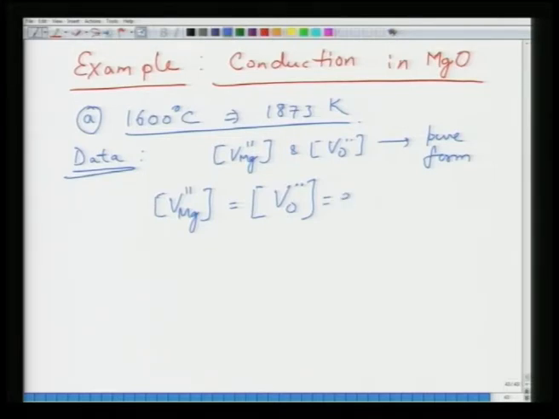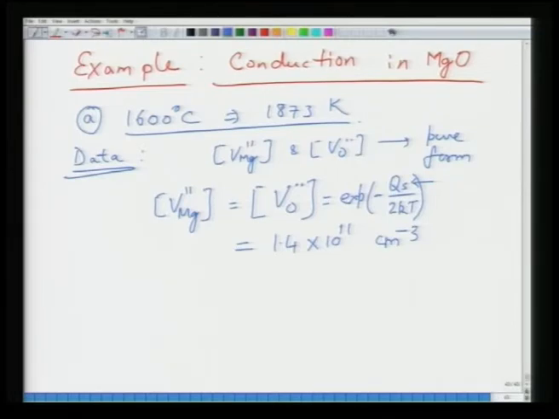You can calculate this using exponential of minus Qs, or delta Hs, divided by 2kT. For a given value of Qs, we have looked at the values earlier, and this works out to be 1.4 into 10 to the power 11 per centimeter cube. You can refer to previous lectures for the value of Q, and T, as you know, is 1873 Kelvin.